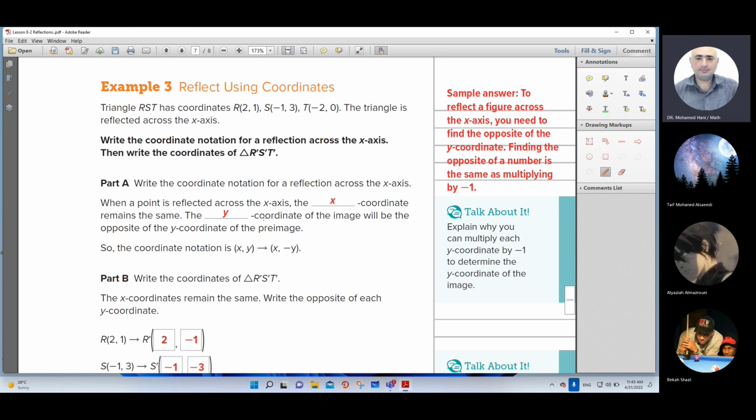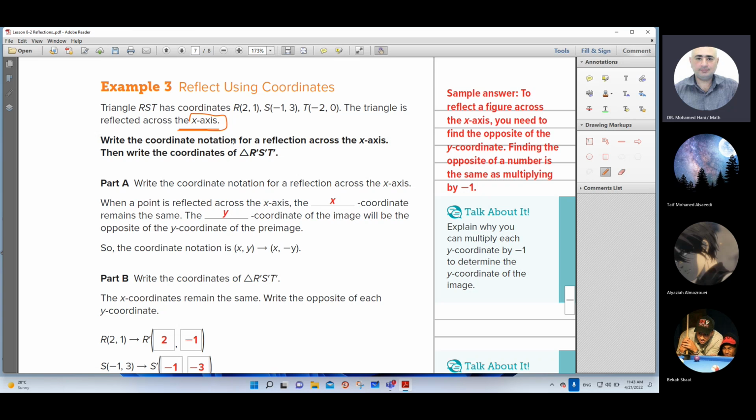In this example, as you see, triangle RST has coordinates R(2, 1), S(-1, 3), and T(-2, 0), and the triangle is reflected across the x-axis.